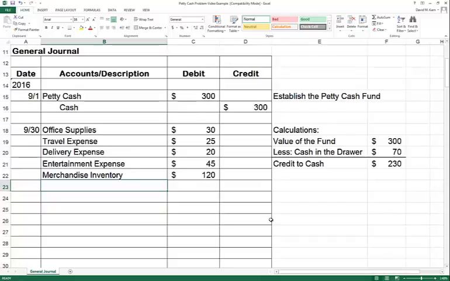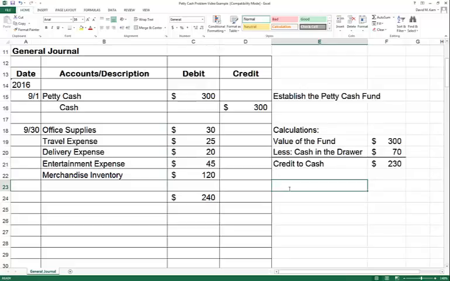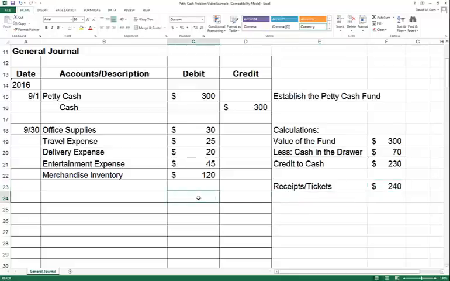Now what we have to do here is see how much money we actually have receipts or tickets for. We'll erase this in a minute, but if we look at this, we see that in essence we have receipts or tickets for $240. That's the amount of all those things added up.